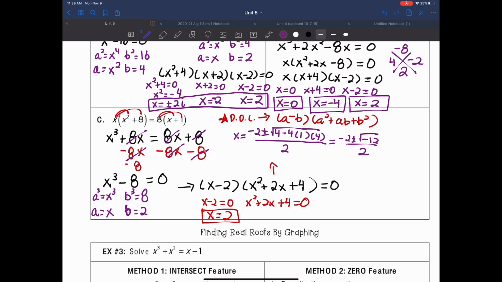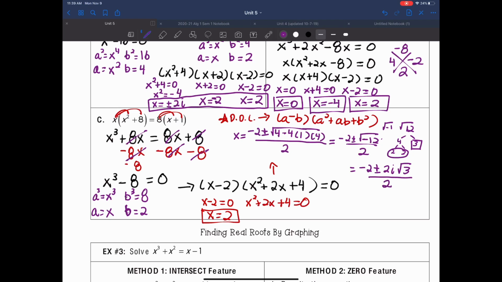If I take the square root of negative 12, I know that's the square root of negative 1 times the square root of 12. The square root of 12, we can pull some stuff out of. I can pull a 4 and a 3, and then a 2 and a 2. So I have a pair of 2s and a 3 left over. So this is going to turn into negative 2 plus or minus 2i square root of what's left over, which is 3, all over 2.